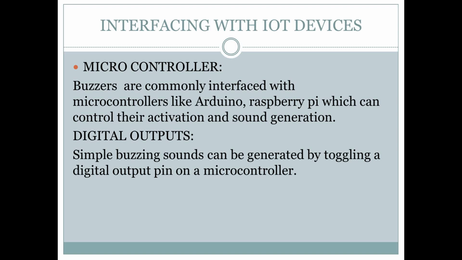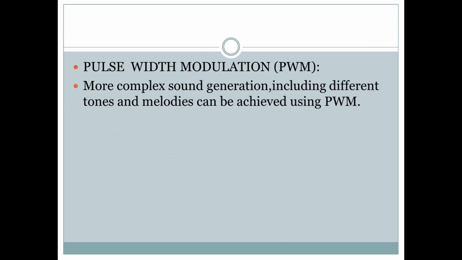Simple sounds can be generated with the help of the microcontroller and output via a digital output pin. It can also be connected with pulse width modulation for more complex sound generation, and different types of sounds and melodies can be achieved with the help of PWM.